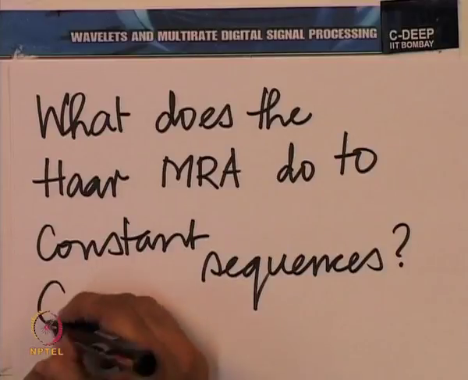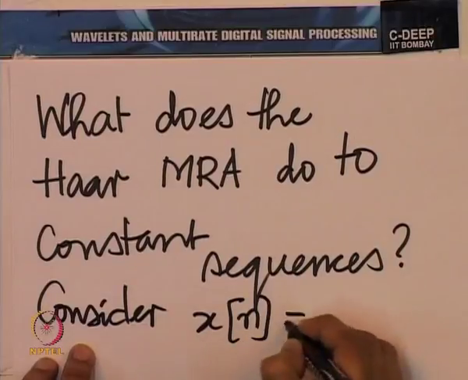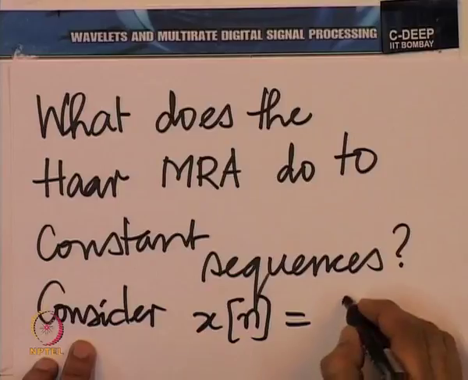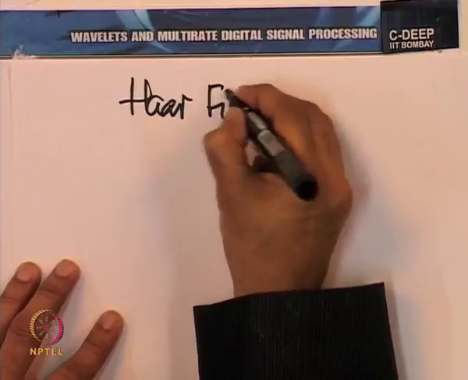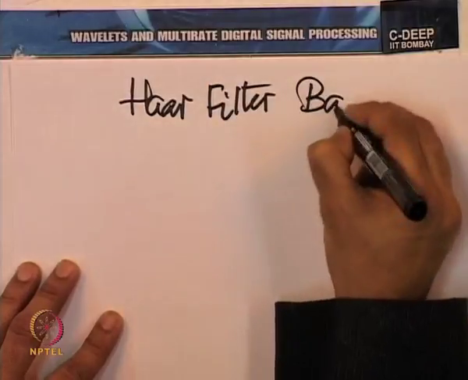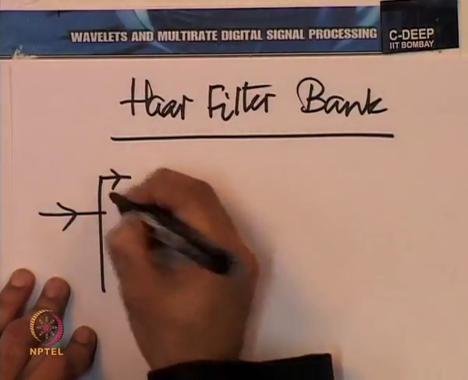In other words, consider x[n] equal to some constant, say C1, for all n, the extreme case. How would the outputs at the various points in the Haar filter bank look? So, it is very easy to see that if you take the Haar MRA, I will not keep writing the filters again, I will just show them symbolically.